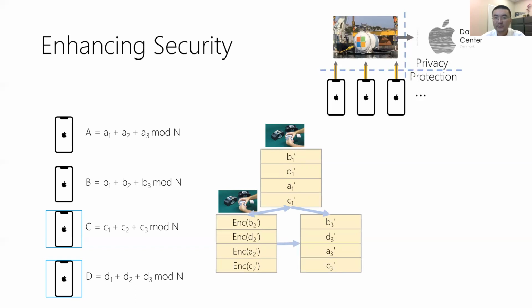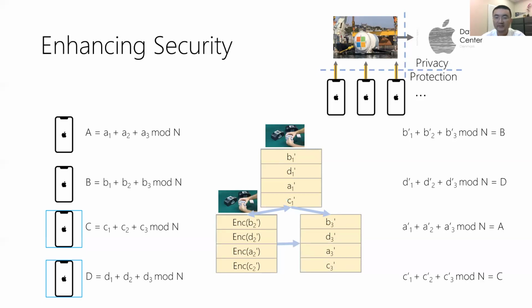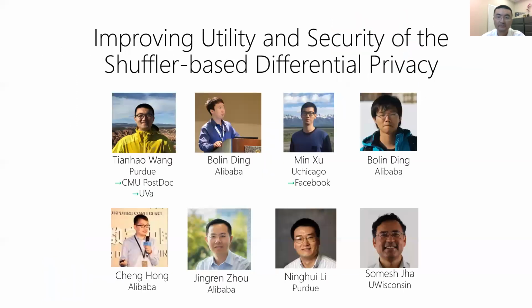And this process will continue for multiple rounds, each initiated by a different shuffler. And finally, the shares are sent back to the original server, who obtains the shuffled version of the original local differential privacy data. More details are in the paper, and we also had a utility analysis part in the paper.